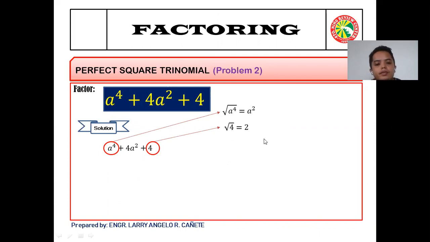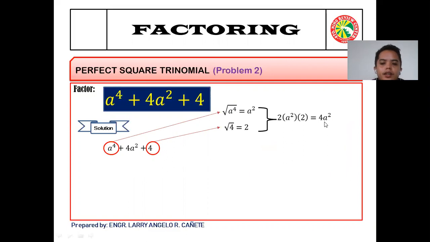After that, you double the result. So once you multiply a squared times 2 and double the result, it will come up with the middle term, which is 4a squared.